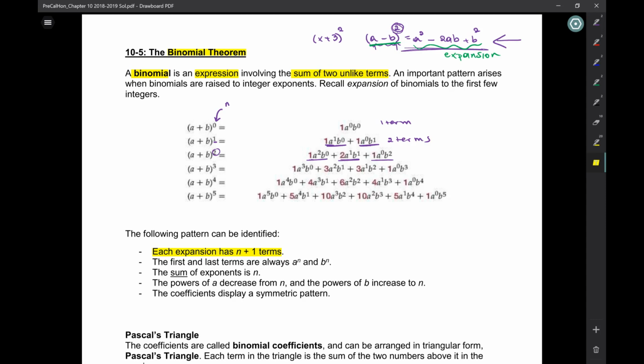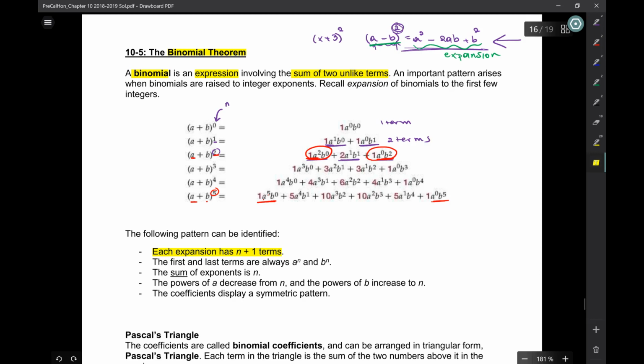Okay, here's another pattern. The first term and the last term of each expansion is a to the exponent and b to the exponent. All right, so let's look at this last row. The first term is a to the 5. The last one is b to the 5, okay?